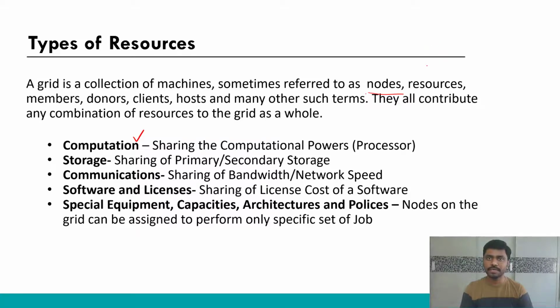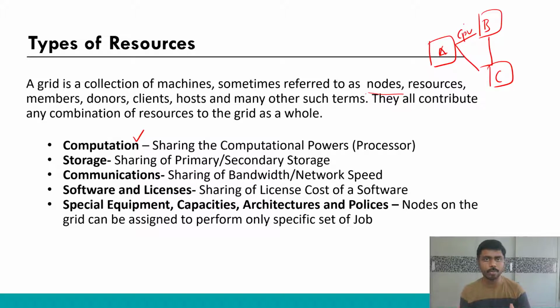Now, the first kind of resource that can be shared is computational power. Like in the previous example I showed, server A, server B, server C can share their CPUs, their processing capacity, so that they can solve the job or complex problem on hand. Even in the previous example, I already gave two types of sharing.